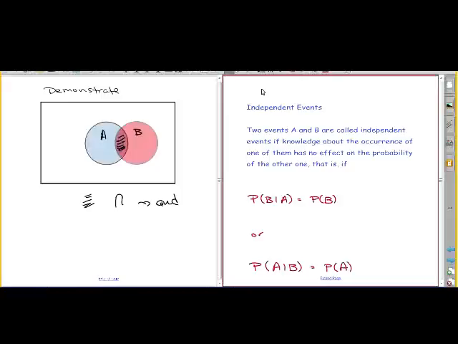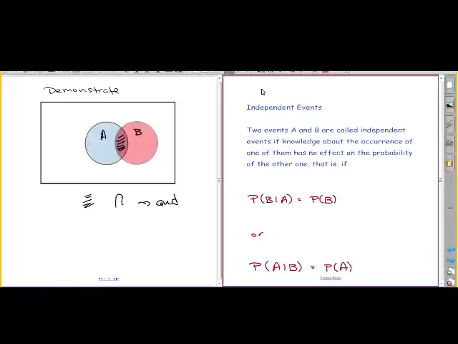Now, if they're independent events, then the probability of B happening given that A happens is just the probability of B happening by itself. There's no connection between the two. Or the other way around, the probability of event A happening given that B has happened is just the probability of A happening. Again, think of a coin or rolling a dice. Those are examples of independent events.